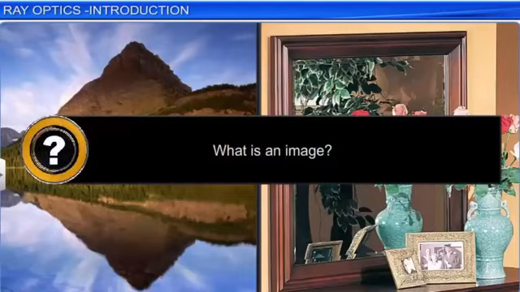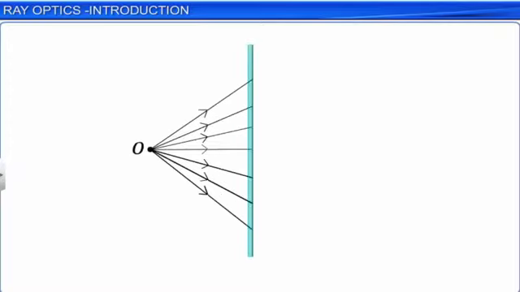When a point object O is placed in front of a plane mirror, rays from the object after falling on the mirror get reflected and form a diverging beam.